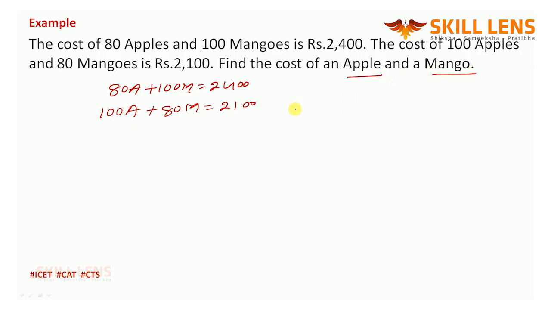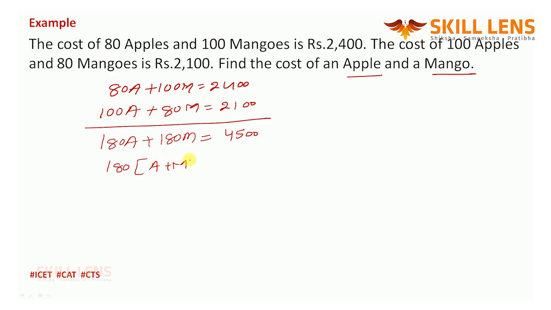So observe the things. Guys, if you closely observe, it's going to be 180A plus 180M, which is equals to 4 plus 1, 5, and this is 4,500. If you took 180 common, it's going to be apple and mango.